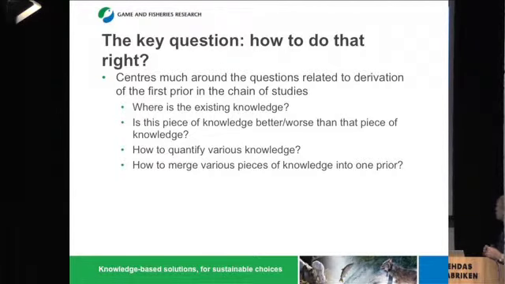There we face questions like where we find existing knowledge. Studies often vary slightly from one to another. Is this information more relevant or somehow better than another piece of information in another study? Sometimes knowledge is not really quantified. How to quantify that? And if there are several pieces of information, how to merge them into one prior to be used?